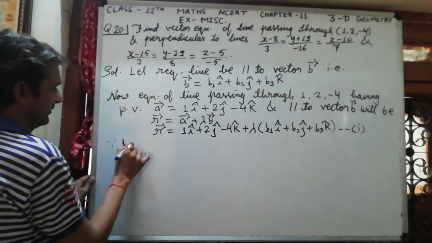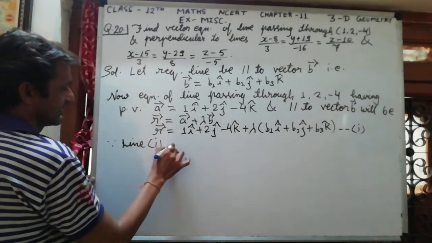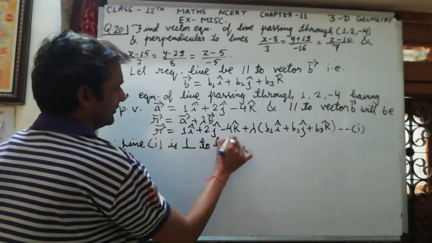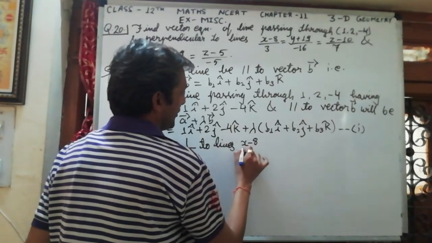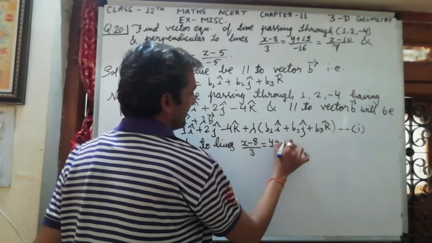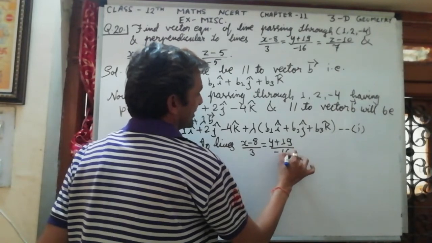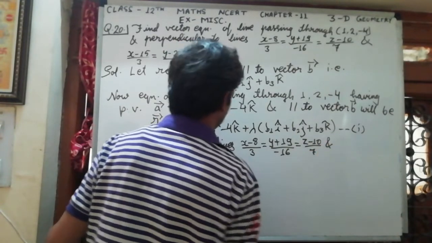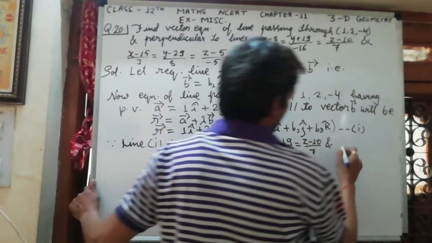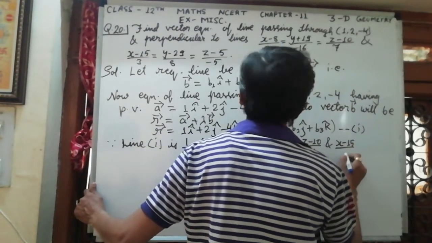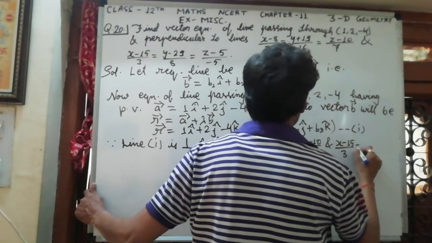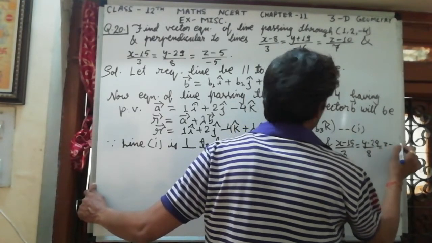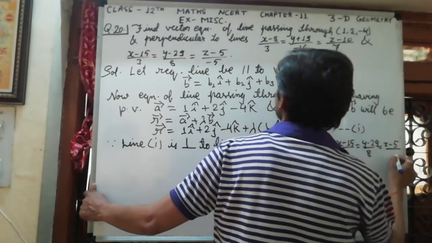Because line 1 is perpendicular to the lines (x minus 8)/3 = (y plus 19)/(minus 16) = (z minus 10)/7 and (x minus 15)/3 = (y minus 29)/8 = (z minus 5)/(minus 5).